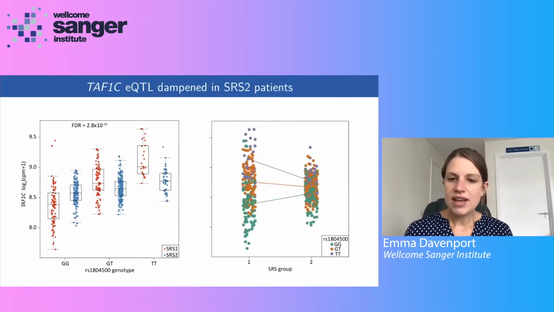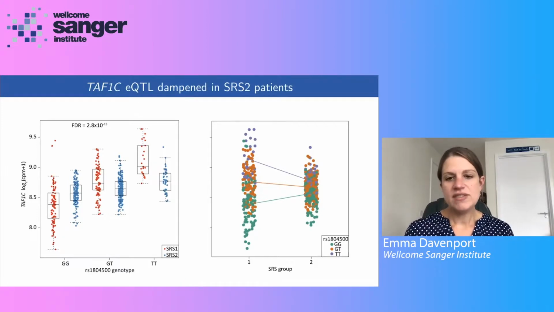On the right-hand side, this is exactly the same data again, but this time we've got all of the SRS1 groups on the left and all of the SRS2 groups on the right. Each point is now coloured by the genotype of the SNP. This is just to further highlight the difference in variance between these two groups. There's a much greater difference between the genotype groups in the SRS group 1 individuals compared to group 2.